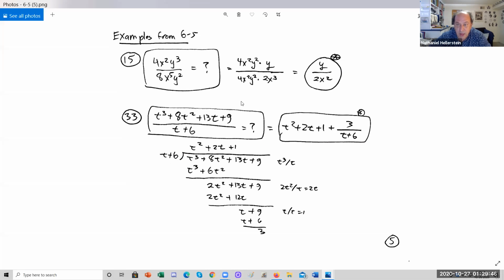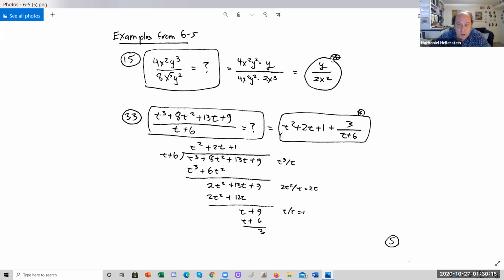All right, I'll do some examples, and they'll be like the ones I already did, so we proceed. 4x squared y cubed over 8x to the 5th y squared. Well, there's a common factor of 4, out that comes. X squared, x to the 5th, common factor of x squared. Y cubed, y squared, common factor of y squared. We pull out the common factor. A y remains here, a 2x cubed remains here.